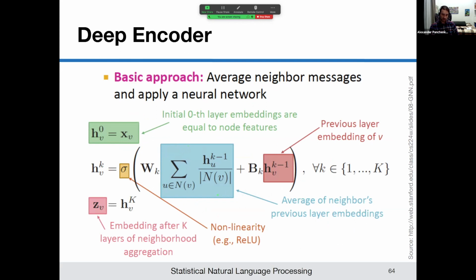So there will basically be two parameters in this combination. Matrix B is going to be multiplied by the previous state of the embedding of this node.